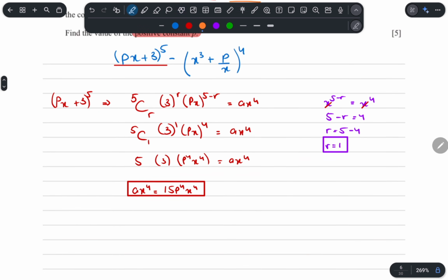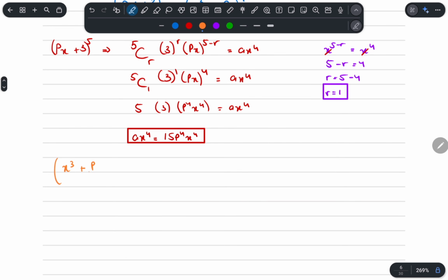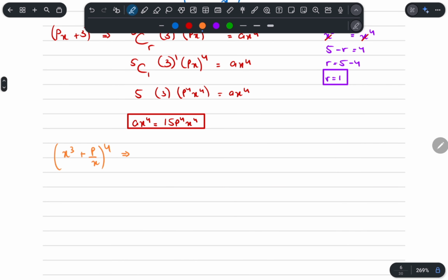For the second part, it's (x^3 + p/x)^4, and this is rather a tricky part. We know that the unknown x is in the a term as well as in the b term, in the denominator. So the r value is unknown and we need to find the r value. We cannot say over here that r equals n because it's not true.